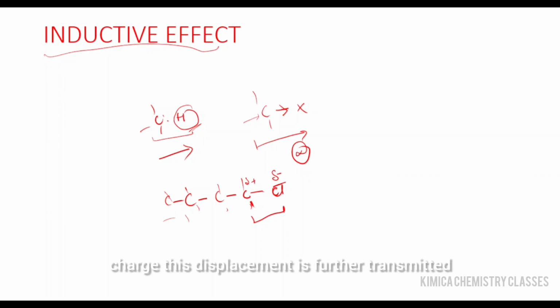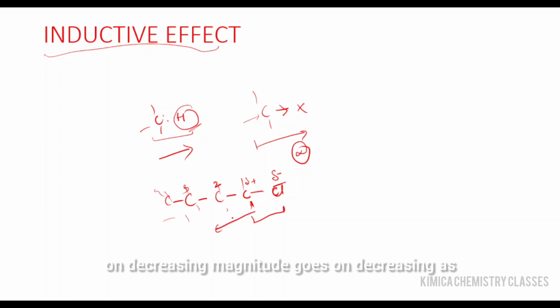This displacement is further transmitted to another atom in the chain, like we will give them numbers 2, 3, 4, carbon 2, carbon 3, carbon 4. But the magnitude of the displacement goes on decreasing with increase in distance of carbon atoms from chlorine.